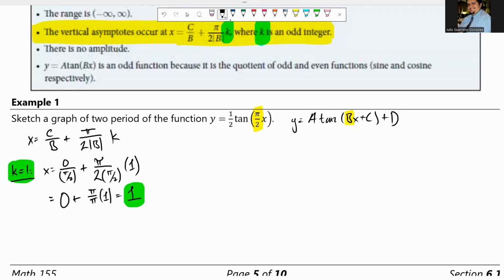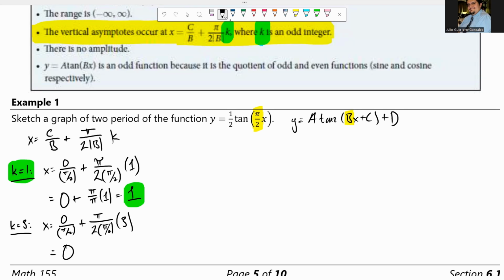Let's do the next odd value. K is equal to 3. x is equal to 0 over pi over 2 on the bottom, plus pi divided by 2 times 3.